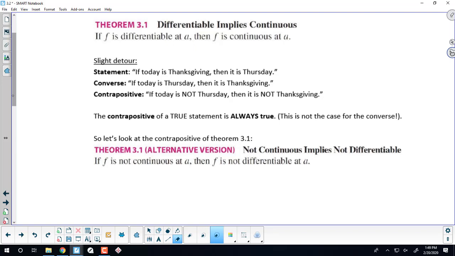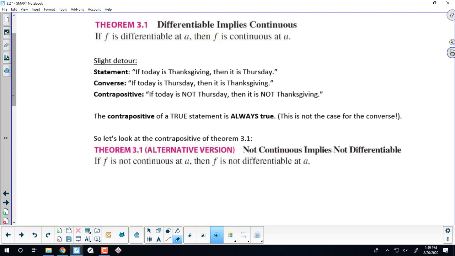So if today is Thanksgiving, then it's Thursday, that's a true statement. But if I flip the arguments around and said if today is Thursday, then it's Thanksgiving, then I no longer have a true statement, right? Today is Thursday, it's not Thanksgiving. So flipping the statement around doesn't always yield an equivalent statement.